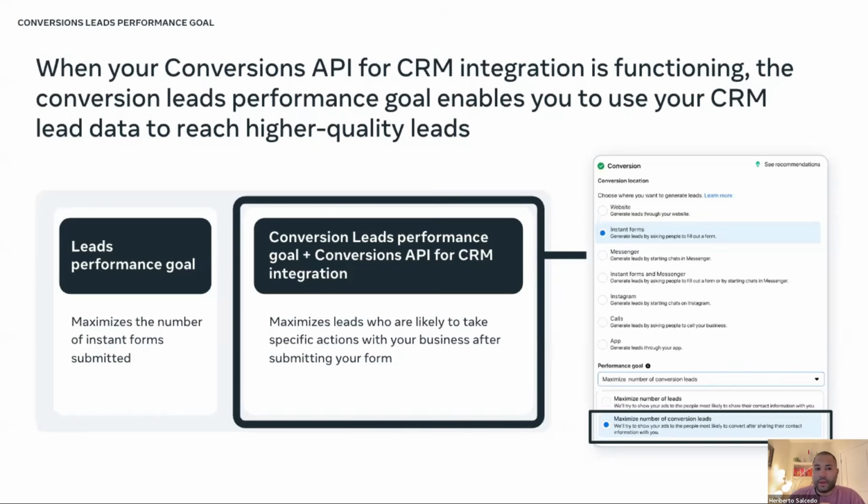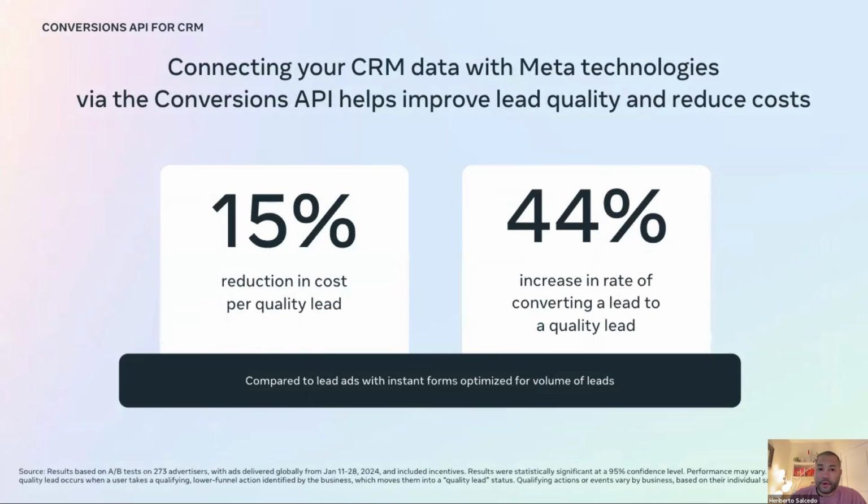And this is where the conversions for CRM integration really drives value. And when we see results, if you go to the next slide, Aaron, we've seen in comparison to lead ads with instant forms optimized for volume of leads, conversion lead optimization drives 15% reduction in cost per quality lead and a 44% increase in rate of converting a lead to a quality lead.